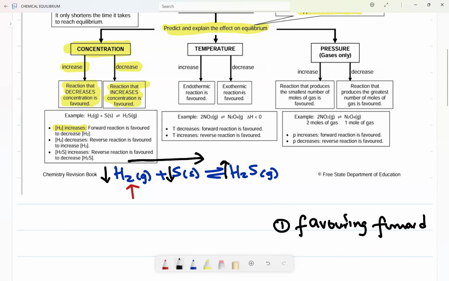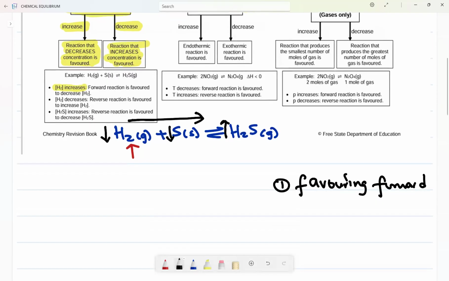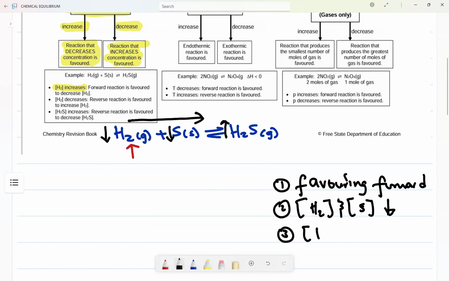So we are favoring the forward reaction, and number two, the concentration of H2 and the concentration of S will decrease, whereas the concentration of H2S, which is our product, will increase. Instead of naming H2 and S, you can say the concentration of our reactants decreases and the concentration of our products increases. Nice and easy like that.